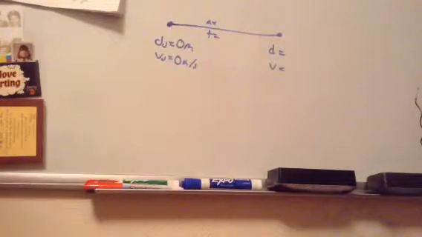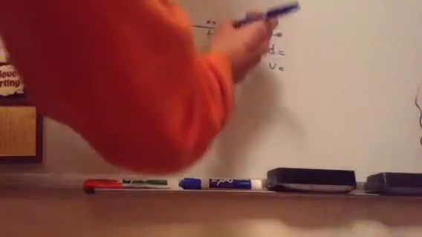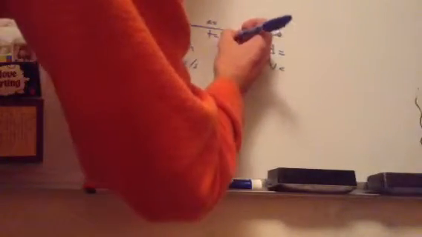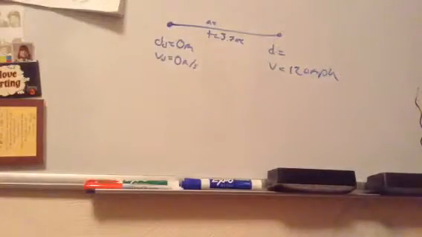So, there's our original stuff. We know that it takes 3.7 seconds to go 120 miles an hour. What a good ride. There's only one problem here, and it's that 120 miles per hour is not a base form of the SI measurement. So it's not ready to be put into the problem yet, unfortunately.